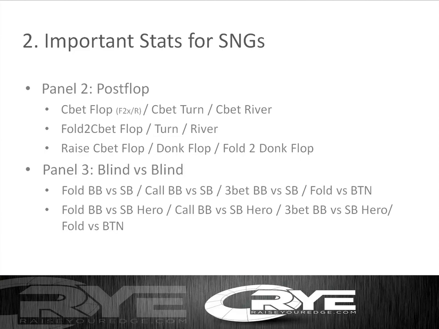Often we have the situation that the sample size on the river is very low. I forgot one stat, the bet versus missed c-bet stat. Also a very interesting stat, because some players are really aggressive against checks from the preflop raiser.